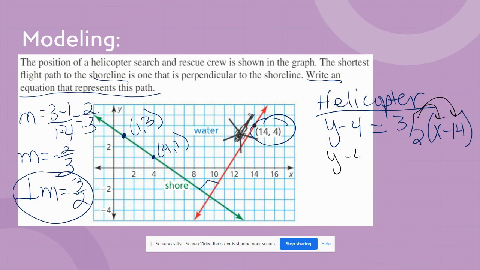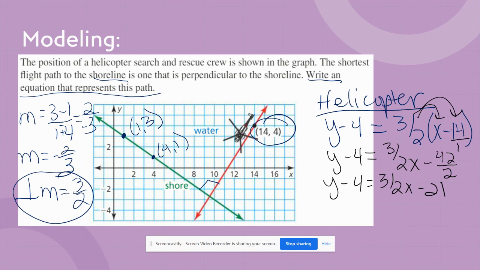We have y minus 4. 3/2 times x is 3/2 x. 3/2 times negative 14. Let's see, we have 3 times 14 is 42 over 2 times 1 is 2. That simplifies to 21.